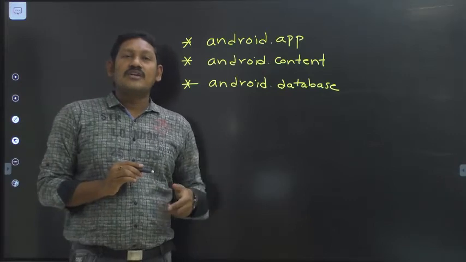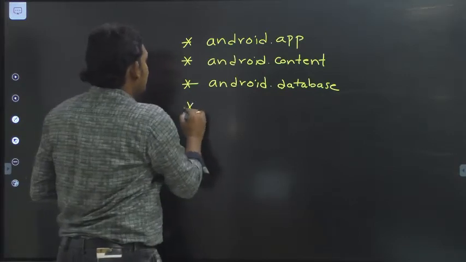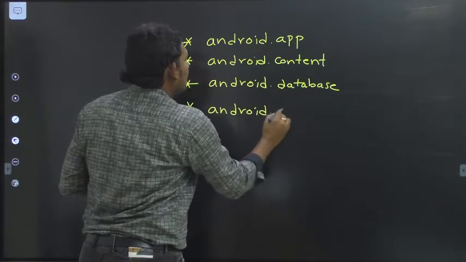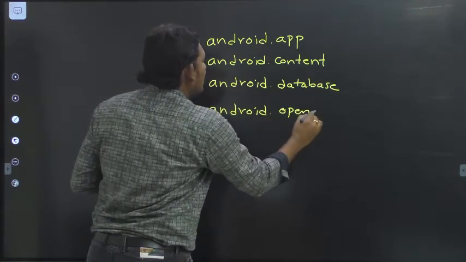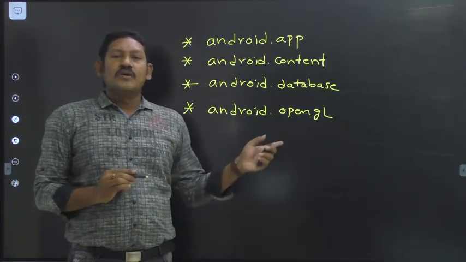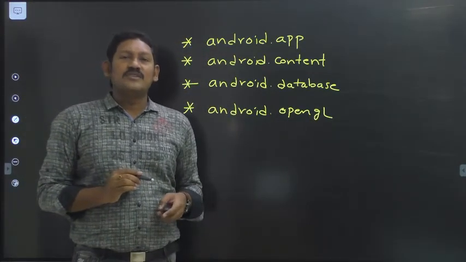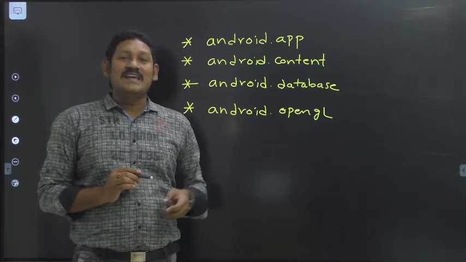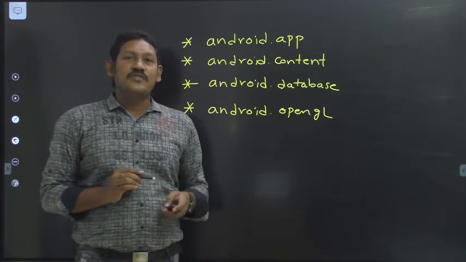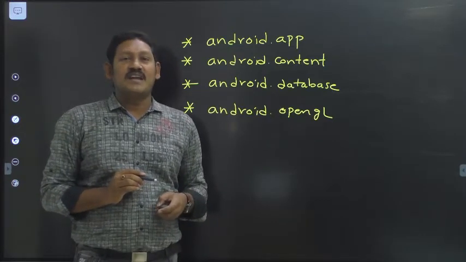Next one is Android.opengl. This is a Java interface to the OpenGL ES graphics rendering API, an application interface used for graphics rendering.